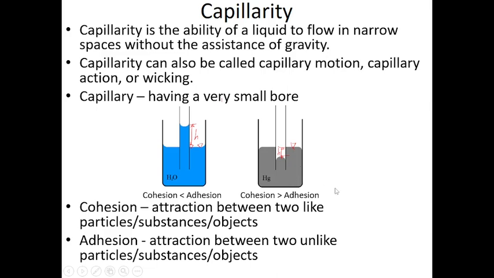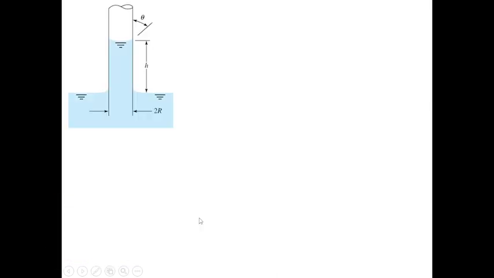So we now proceed. We analyze now a certain liquid where there is capillary rise, and this is the tube with a diameter equal to twice the radius of this hollow tube.